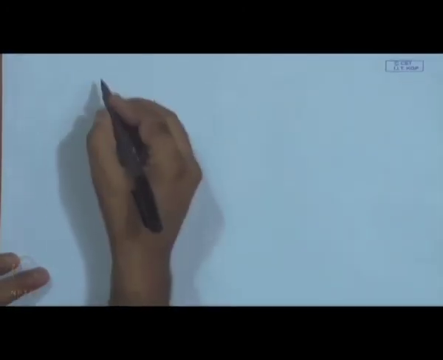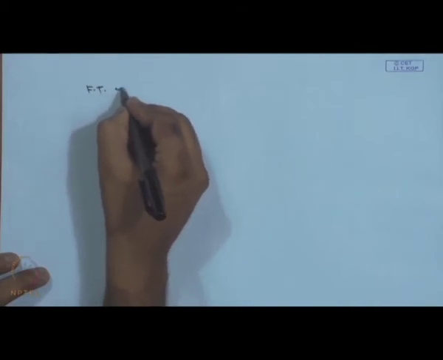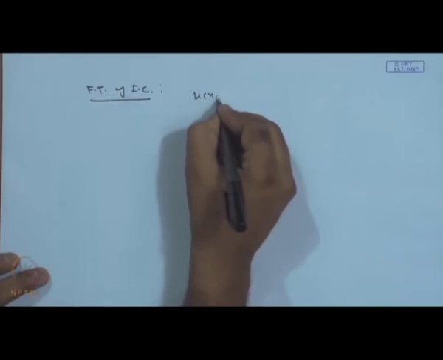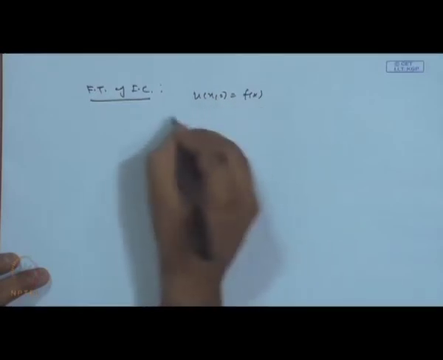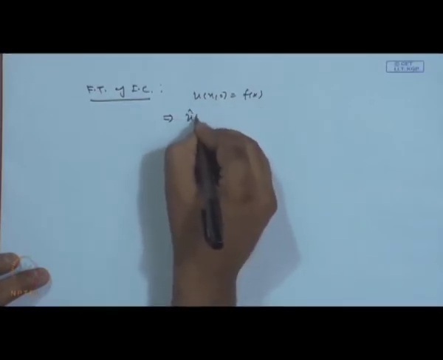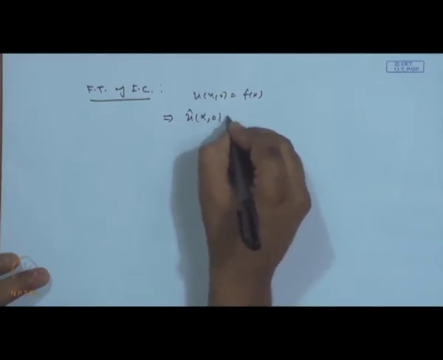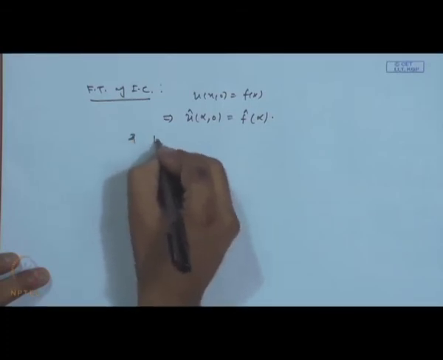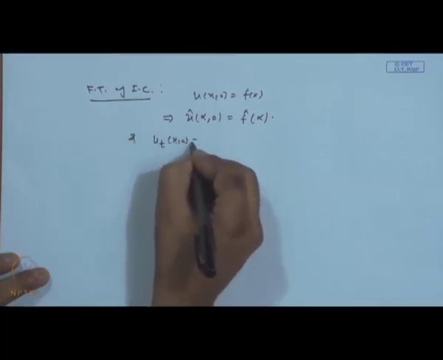Now the Fourier transform of the initial conditions. We have u(x, 0) is f(x), the first condition. So here we get û(α, 0) is f̂(α), and the second condition we have u_t(x, 0) is equal to 0.